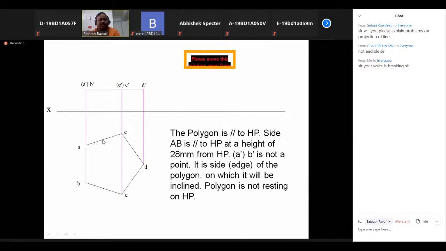As soon as you assume that it is parallel to HP, you can comfortably draw the true shape of the pentagon on HP. So we have drawn it.